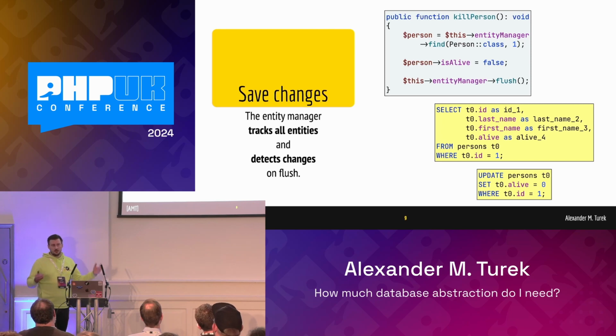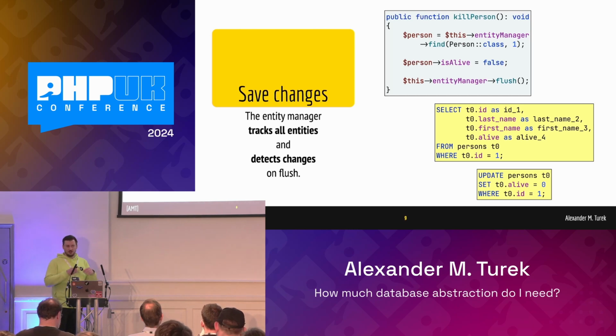Either way, the entity manager knows about all of these objects. It tracks them, and if I call the flush method, it iterates over all these objects and tries to find changes on them. This is something we have to keep in mind, because you can imagine that if I do this for a lot of objects, this can become a problem.